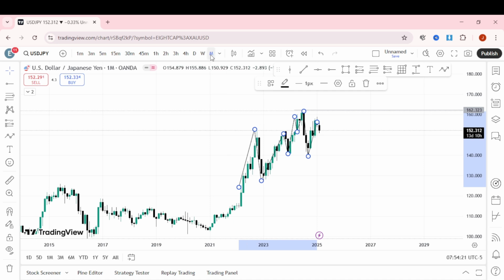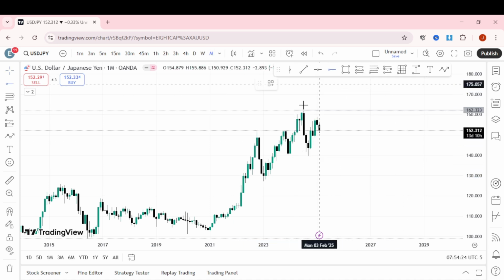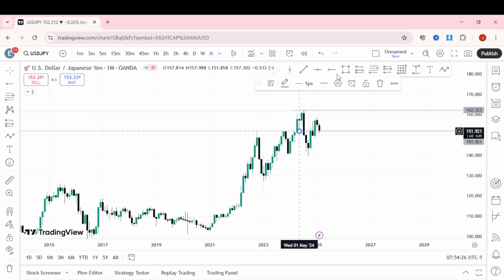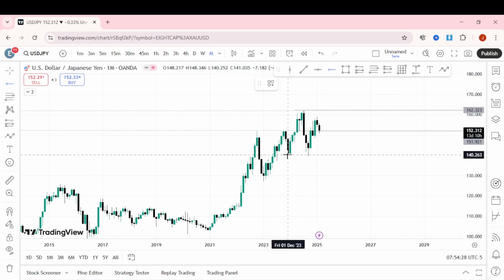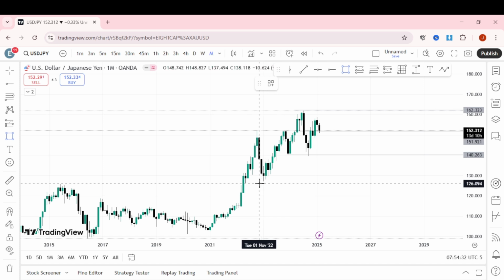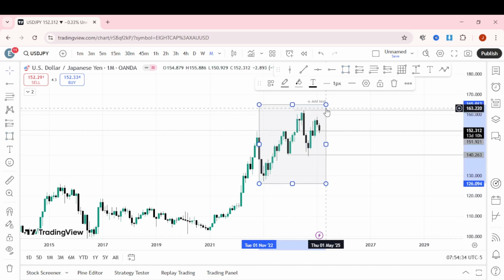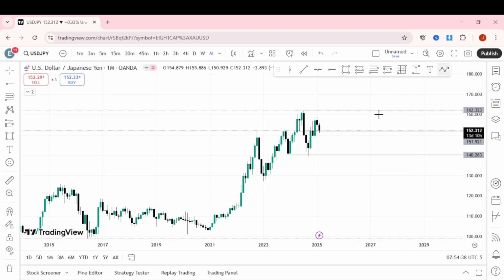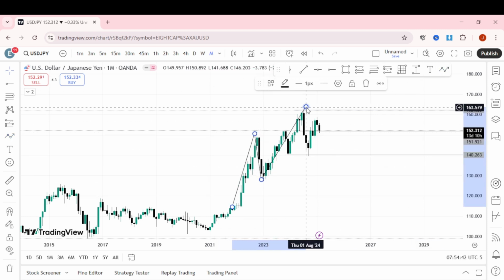Guys, this is a monthly time frame. Okay, this is a monthly time frame. So price broke 2 lows, and I should let you guys know this in particular is just one range, because some of you might think this is how the range goes. No, this is wrong.